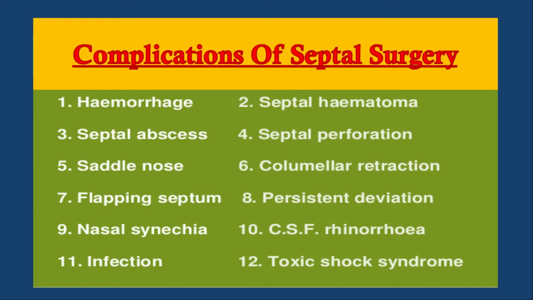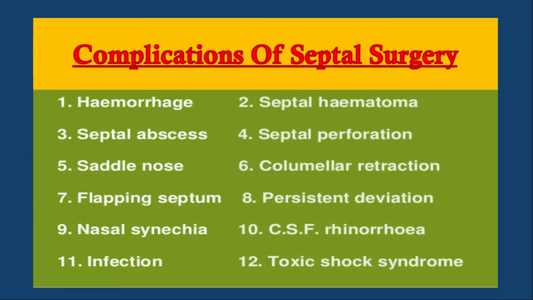Talking about saddle nose deformity, one can remove a lot of septal cartilage during septal surgery, which removes the support of the septum, and the nasal bridge may come down or have a saddle in it.